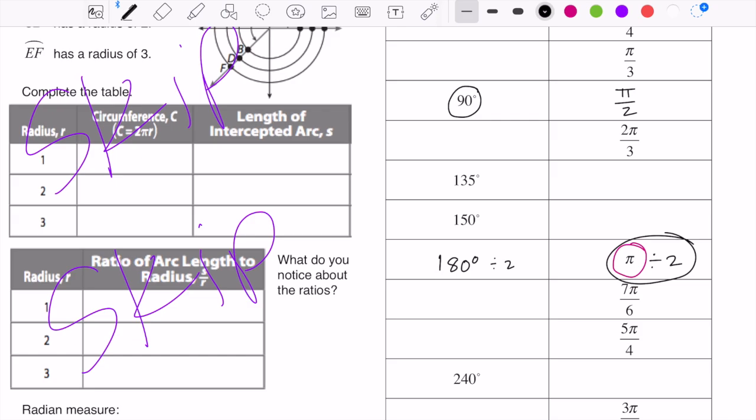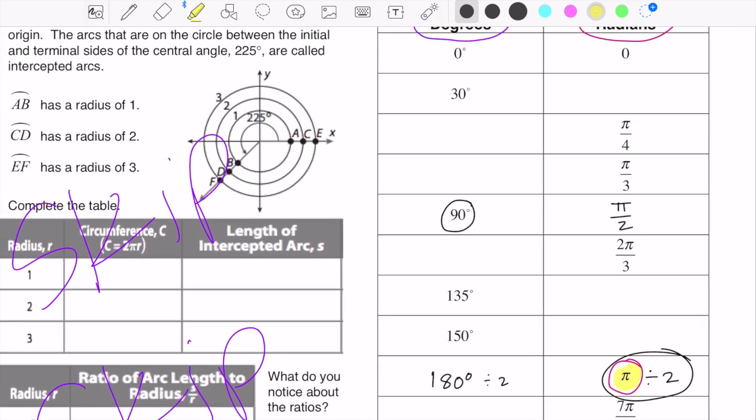So a good idea is always to think of pi, just plain old pi, is 180, and then use that to fill this out. So if you did right here where there's a pi, but then it says divided by 4, what that is saying is 180 divided by 4, which is actually 45 degrees, right? And then you can keep going. What's 180 divided by 3? Oh, that's 60 degrees.